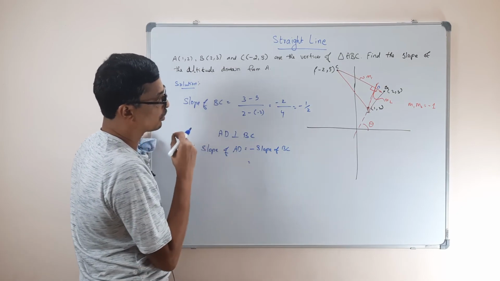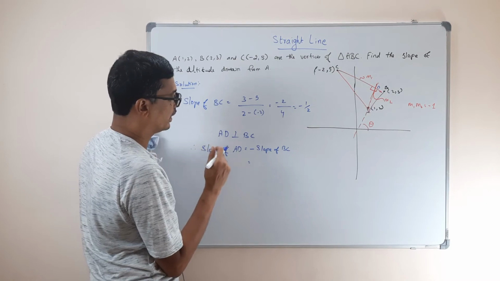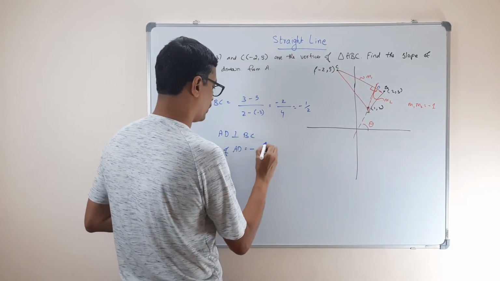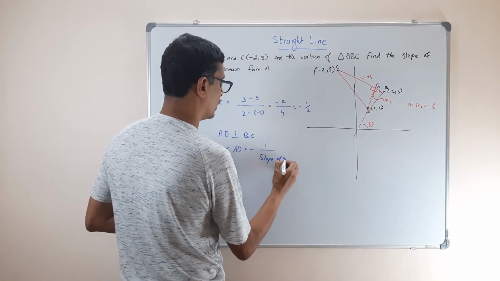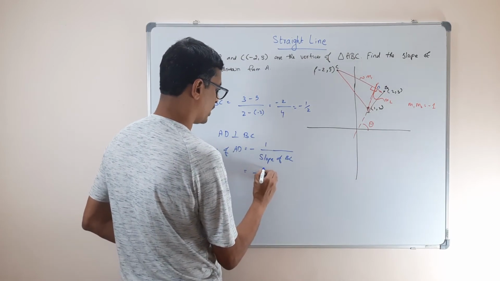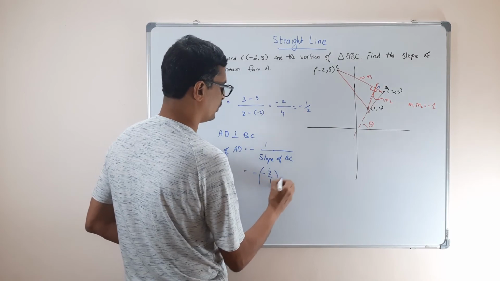What happened? Did I do it wrong? M1 is equal to minus 1 divided by M2. Yeah. Oh, okay, sorry. Minus 1 divided by the slope of BC, correct? Yeah, that will be what? Minus 1 divided by minus 1 by 2, that is 2 by 1, equal to 2.